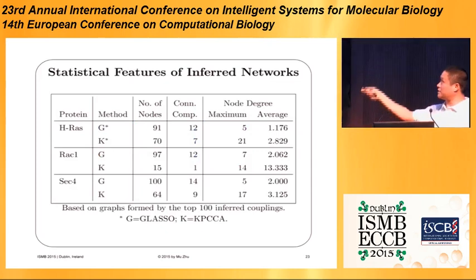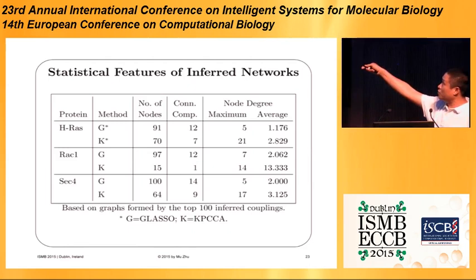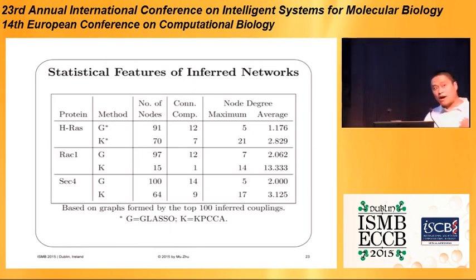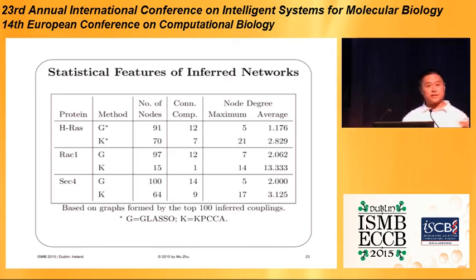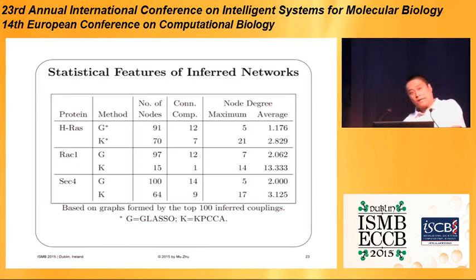Here are some summary statistics to show how the graphs are more concentrated: a fewer number of nodes, fewer connected components, and the node degree, meaning how many nodes they're connected with, is higher. So these are all network statistics showing that there are more concentrated networks. And that's encouraging, because intrinsically there's no reason why this kind of statistical calculation should agree with the contact rearrangement network, right? But the fact that it does agree is surprising.